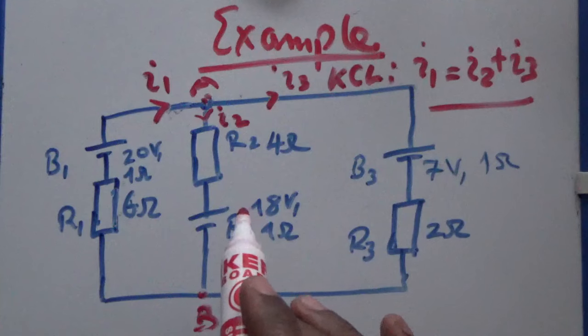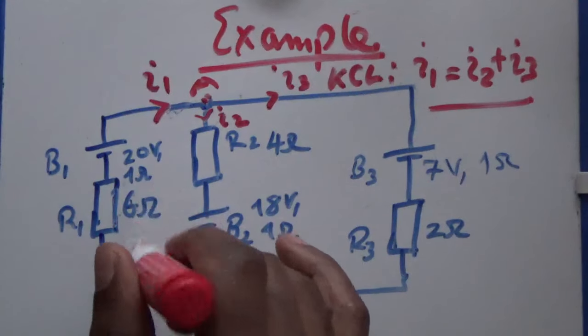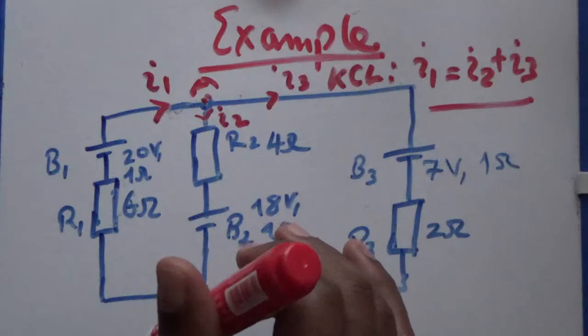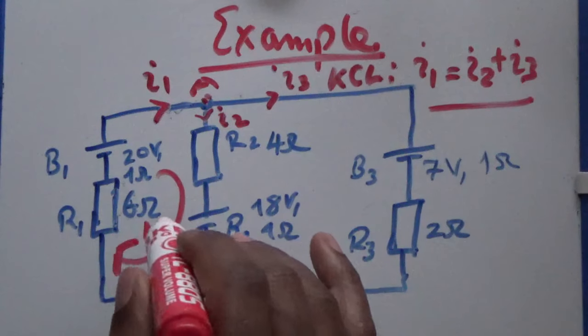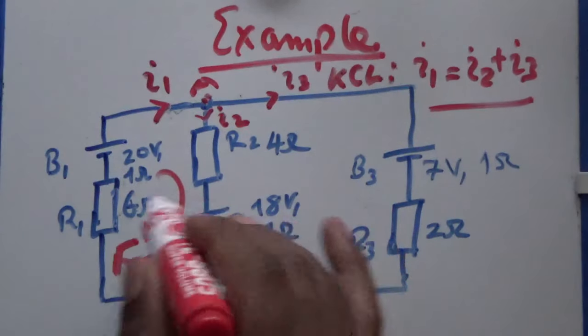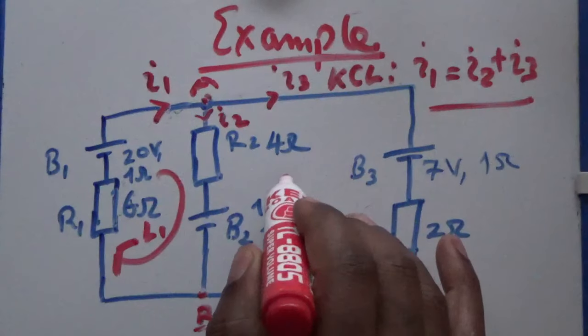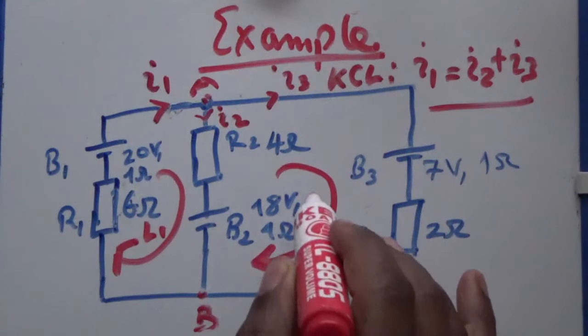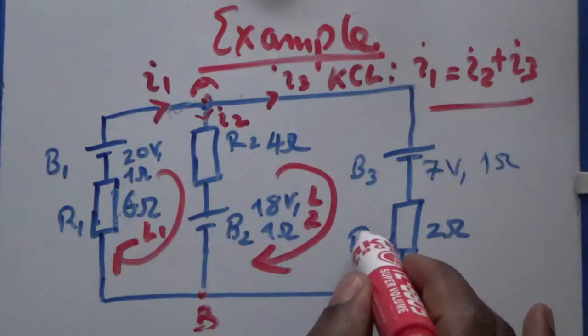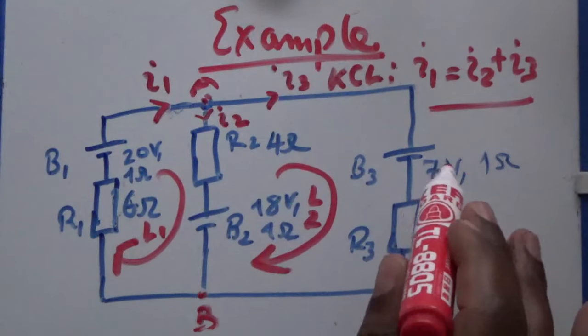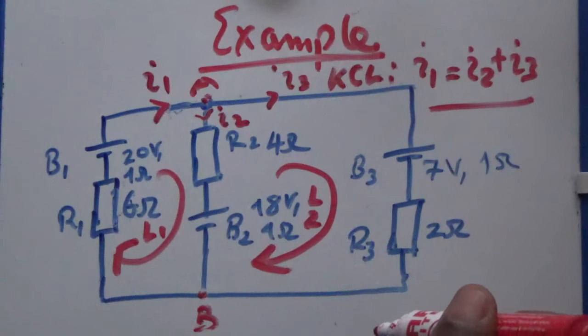Then we take loops. We can just say this is our loop L1. This is a closed loop where you have two batteries and two resistances. And then we can also take another loop L2, where we also have two batteries and two resistances, with the batteries also having these resistances.